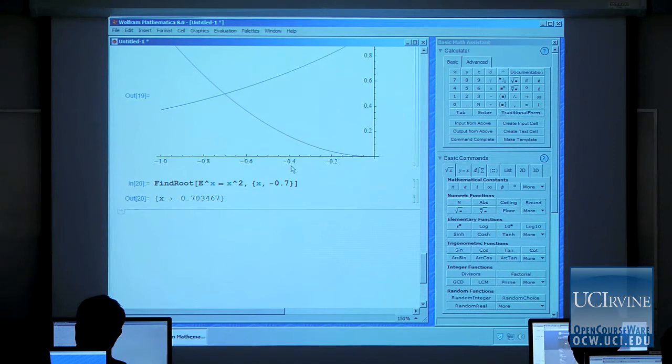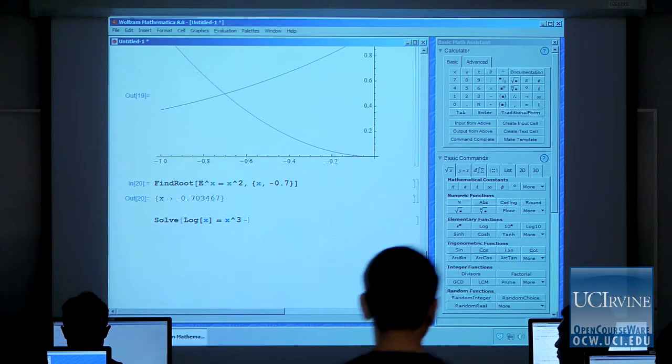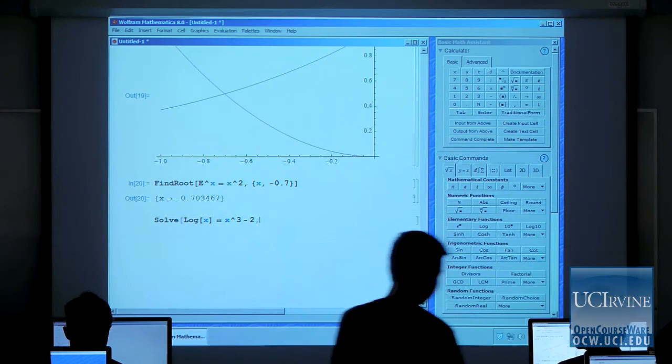Okay, so let's see another example where find root might be useful. We'll try to solve this equation, another non-polynomial equation, which is going to be log of x equals x cubed minus 2.